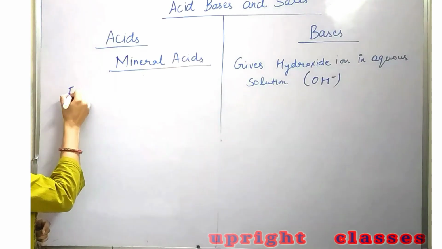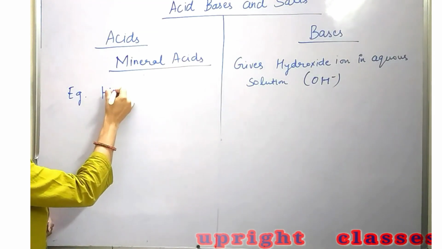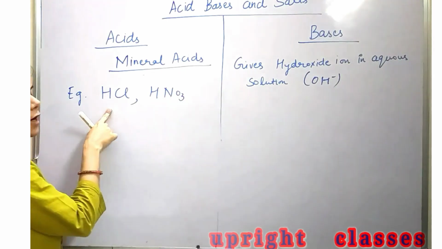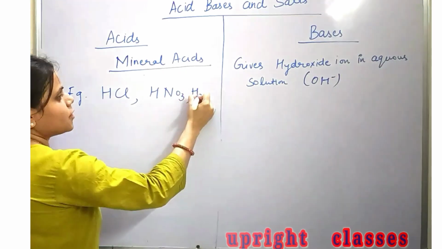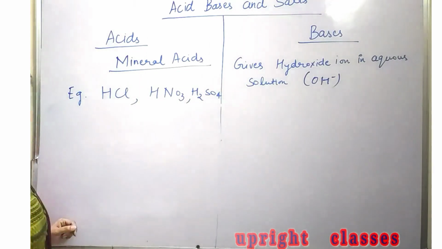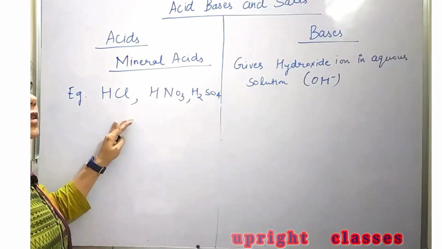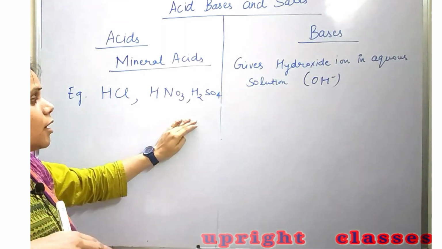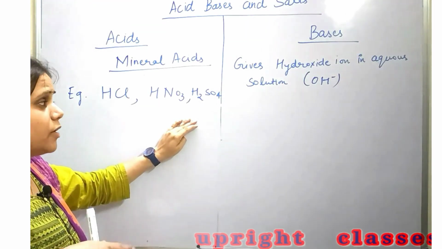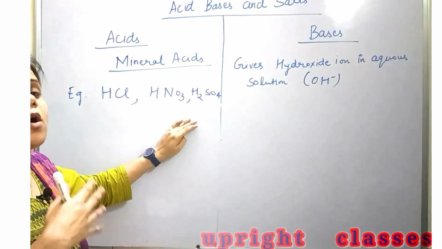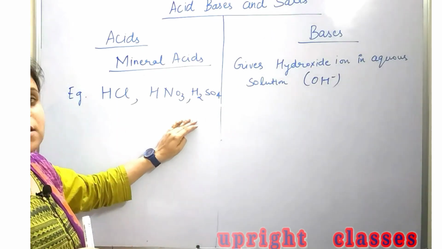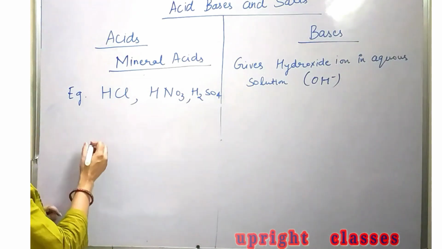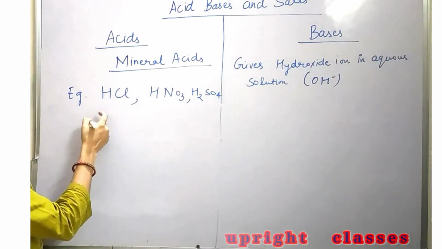Examples of mineral acids are HCl, hydrochloric acid, HNO3, nitric acid, and sulfuric acid. All these mineral acids are strong acids. I will tell you later on what basis we say that acids are strong or weak.